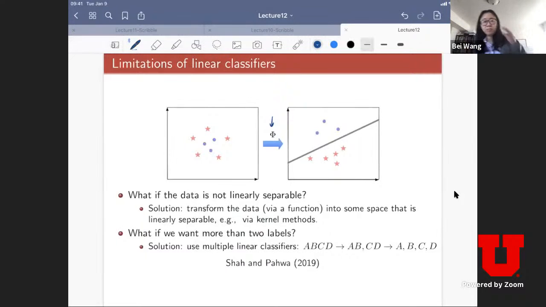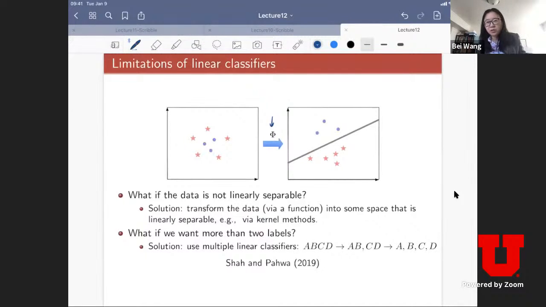And once you do this mapping, it maps to a space such that the data points become linearly separable. That's at the root of kernel methods. It transforms the data points to a newer space where the operation is easier, and all of a sudden it goes from not linearly separable to linearly separable, okay?